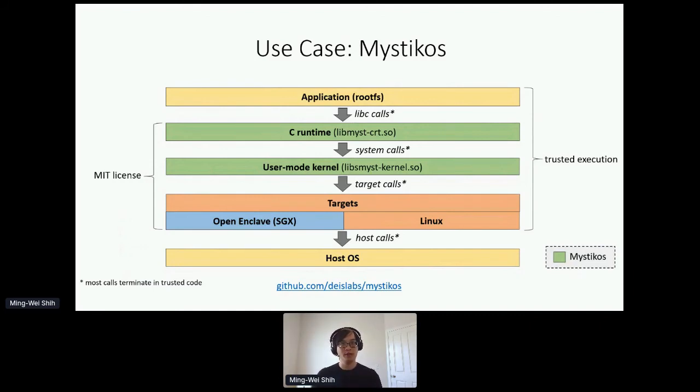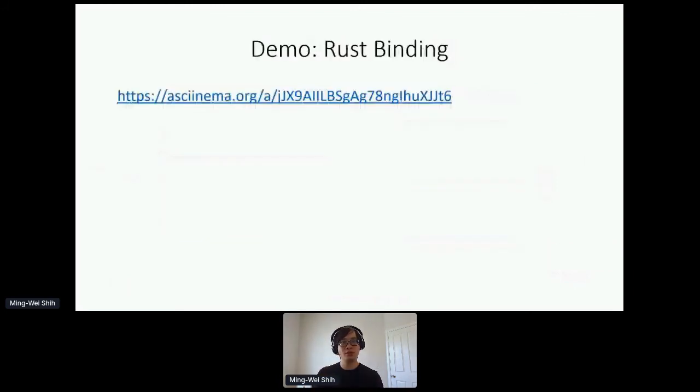It aims to support different TEEs, and the current implementation for SGX support is based on Open Enclave. For more information, please refer to the link we put here. We also want to show a demo that demonstrates an idea of how we can enable more high-level languages on top of OE. I'll just show a quick demo.